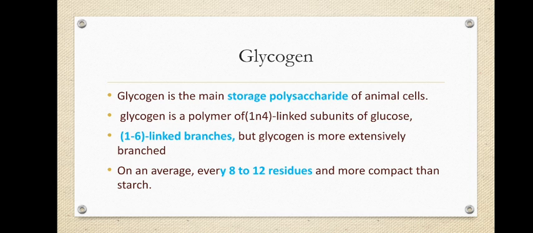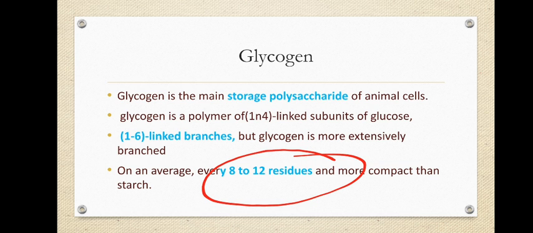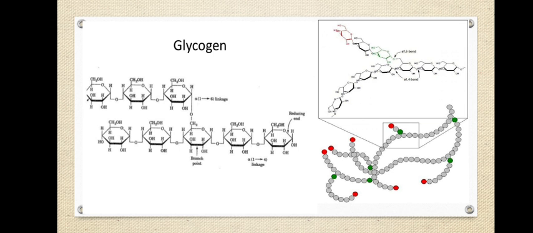Remember, in starch for every 24 to 30 residues you find branching, but here for every 8 to 12 residues you are going to see branching. So here it is more like amylopectin, a linear chain of glucose plus branching, and the branching is within the range of 8 to 12 glucose units. Okay, so that's glycogen.